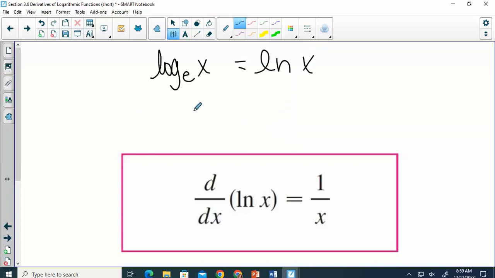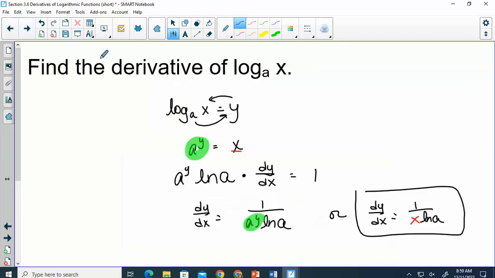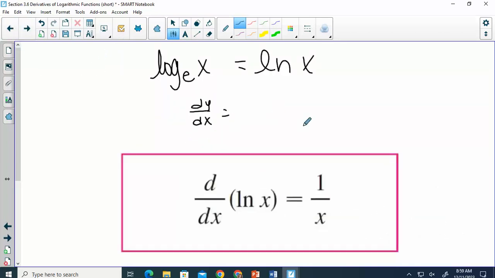If we did our derivative using that rule we just came up with, it's 1 over the argument times the natural log of the base. And what's the base of a natural log? e. And the natural log of e is 1. So just like when we're dealing with exponentials, we prefer to have e's. When we're dealing with logs, we prefer to have the natural log, because then the derivative is just 1 over the argument.